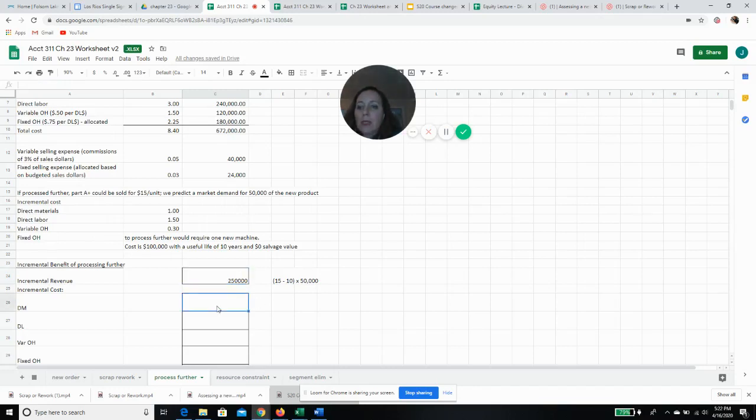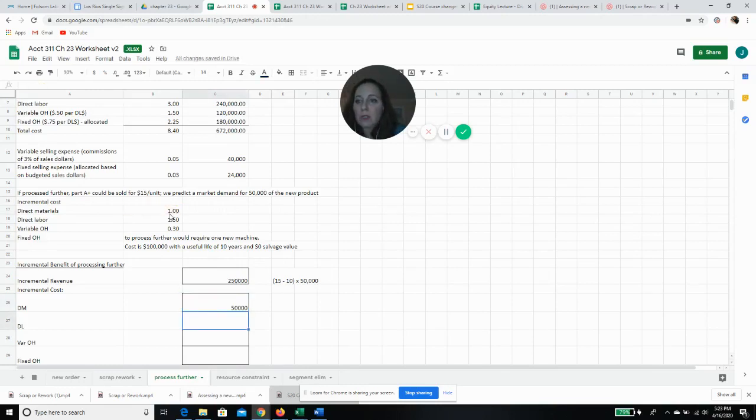My incremental cost is I am going to have to spend an additional $1 per unit. Since I'm only looking at the incremental revenue, not the total revenue, then I only need to look at the incremental cost. So it's going to be plus 50,000 units times the incremental cost of $1 per unit.